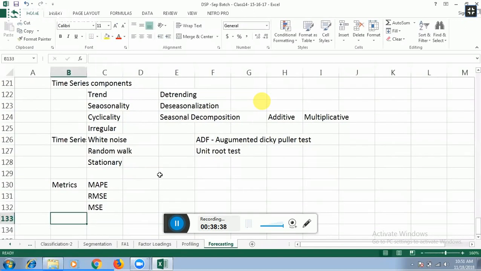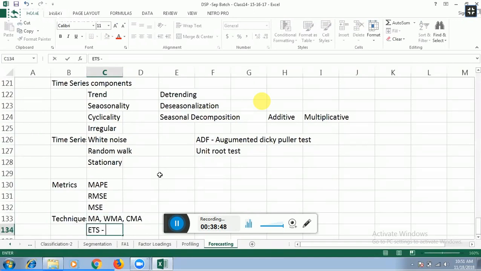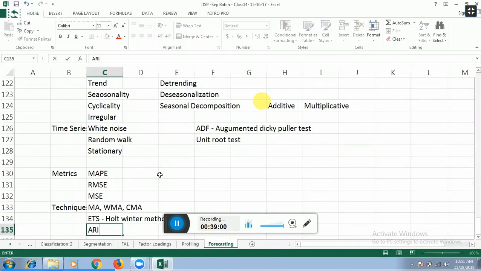From the techniques perspective: moving average, weighted moving average, centered moving average, ETS models, or Holt-Winters methods, also called exponential smoothing, and the ARIMA family: AR, MA, ARMA, ARIMA, SARIMA, ARIMAX, SARIMAX.